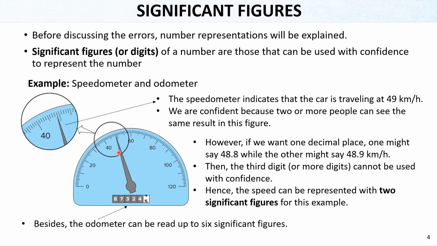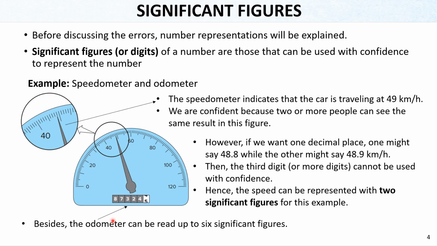Basically, the significant figures include what we see confidently. For example, another number here is in the odometer, and you can see that it is 87,324 kilometers this car has traveled so far, and there is also a value between 0.4 and 0.5.